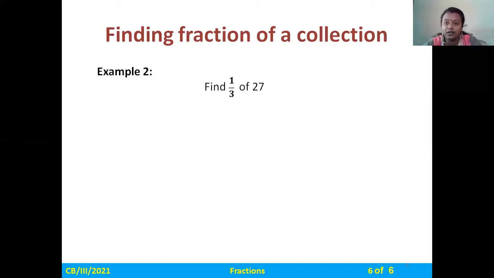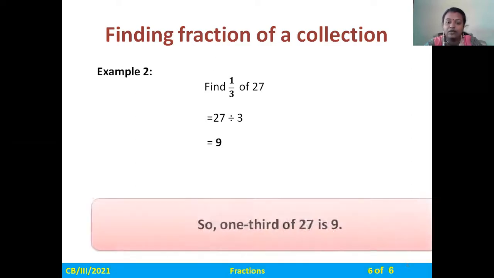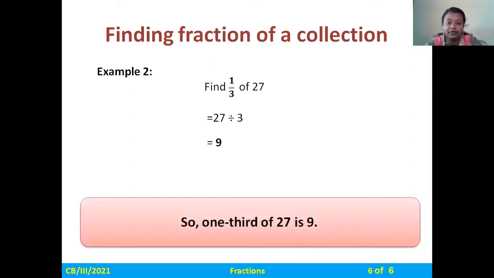Find 1/3 of 27. 27 divided by 3. Of course, it's 9. We have 1/3 of 27 as 9. So in this way, we have learned how to find a fraction of a collection.